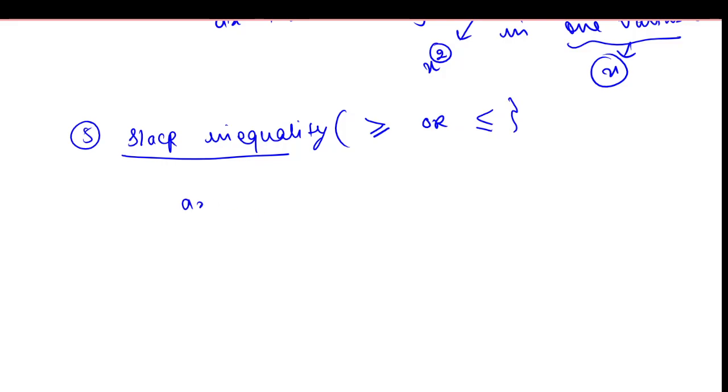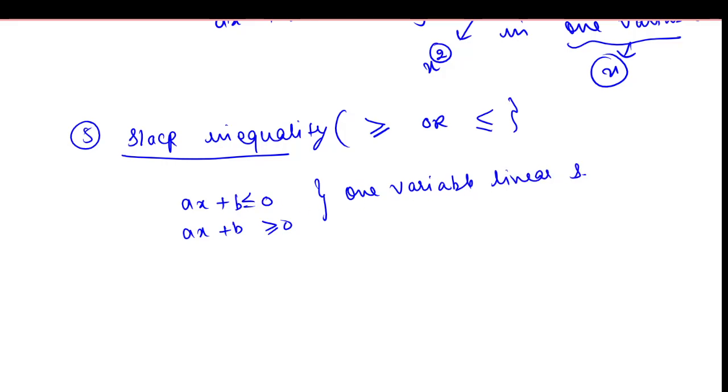So standard forms are ax plus b is less than or equal to 0. It is a one variable linear slack inequality.